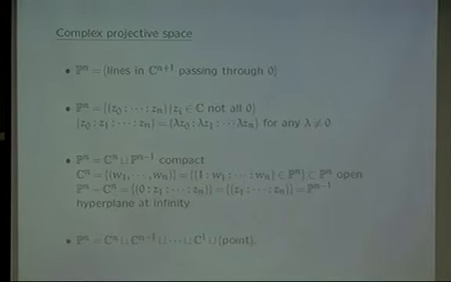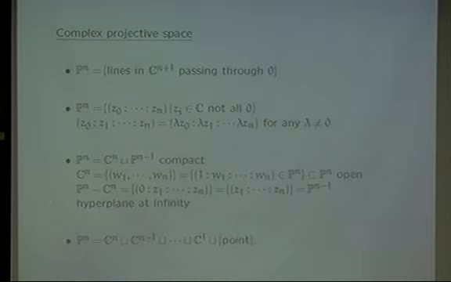This is an open subset, and the complement of this open subset is (0, Z1, Z2, ..., Zn), but the first coordinate is always 0, so I can just delete it, and then you get the set of equivalence classes of n tuples of complex numbers, which are not all 0, and that's exactly P(n-1). So we call this the hyperplane at infinity.